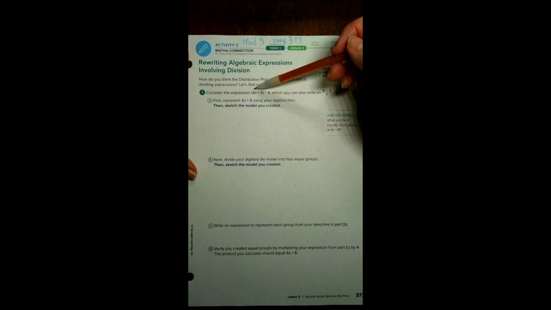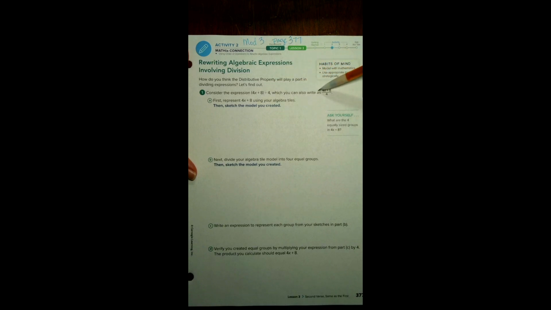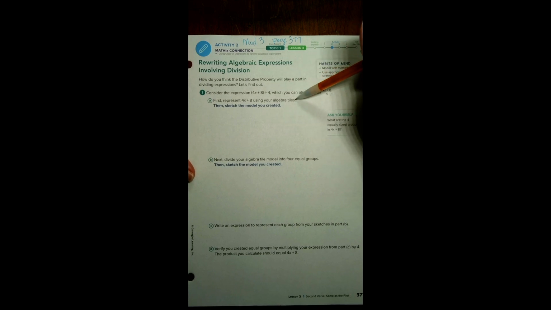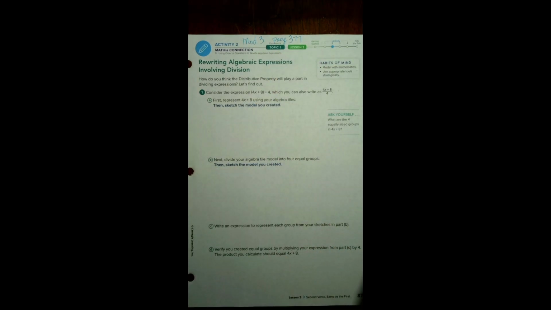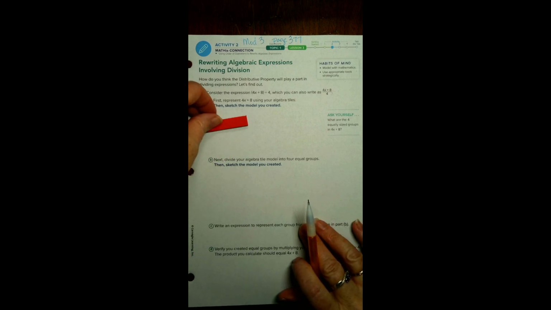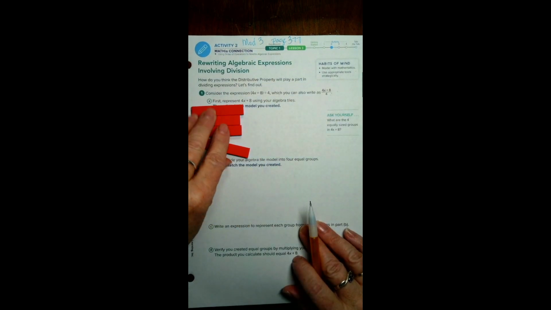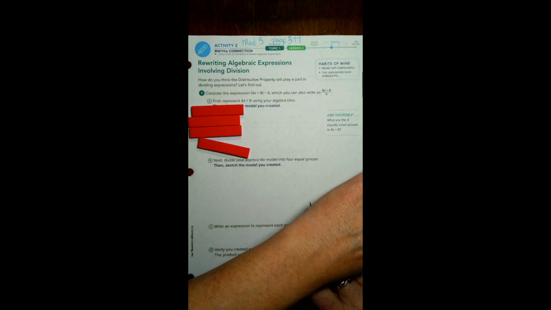Consider the expression, the quantity of 4x plus 8 divided by 4, which you can also write as 4x plus 8 divided by 4. Our directions say first represent 4x plus 8 using your algebra tiles, then sketch the model you created. Okay, so 4 x's and then 8.